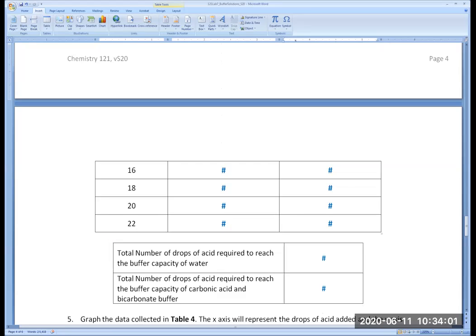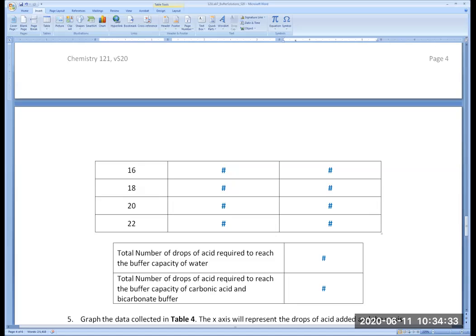A buffer is able to maintain the pH, like for example, the blood buffer is able to maintain pH at 7.4, in that narrow range. But it can do that as long as the amount of acid or base, and here we are testing the acid, the extra acid added to test it, is not too large.